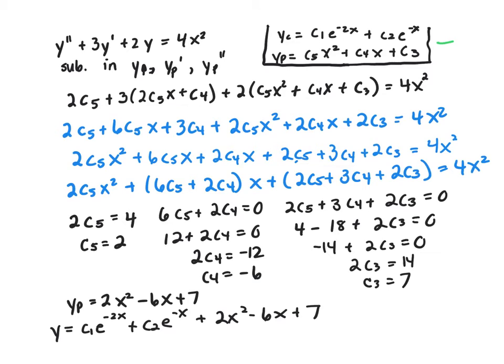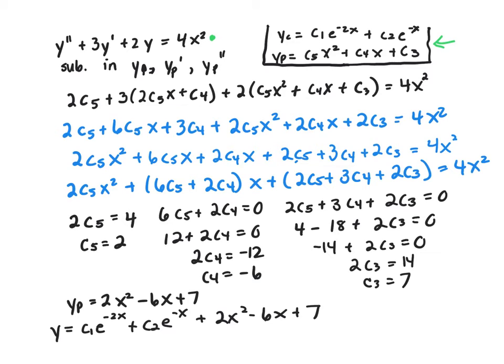And I've copied here what the y sub c was and the format of your y sub p. This is the original equation. On the previous page, we found our y sub p, y sub p prime, and y sub p double prime.